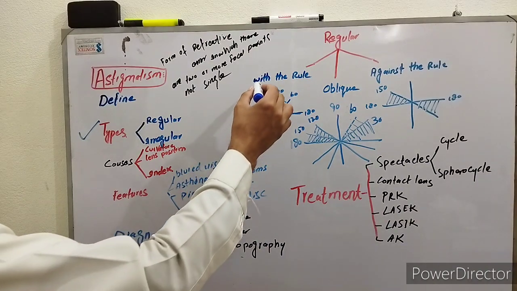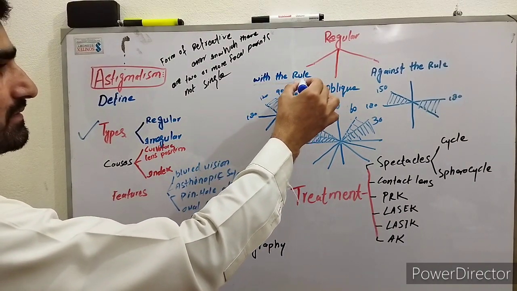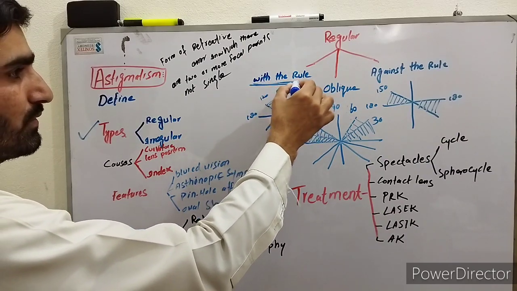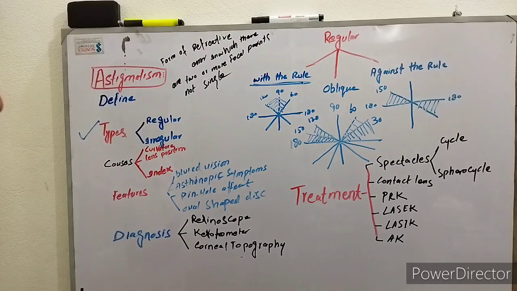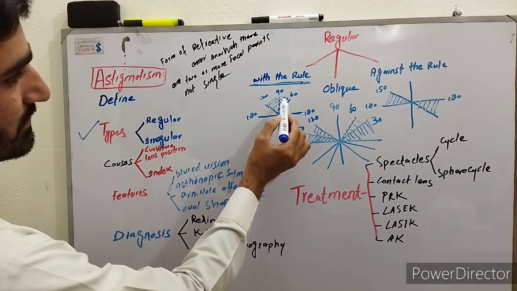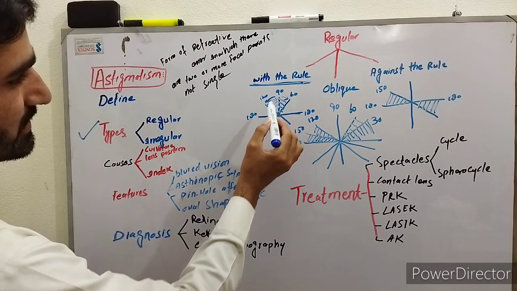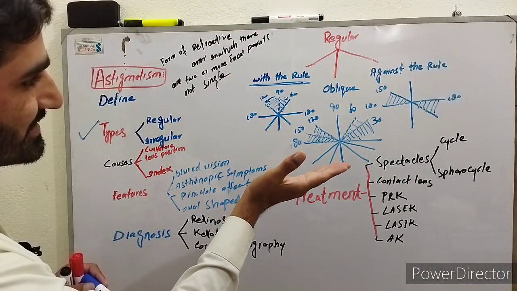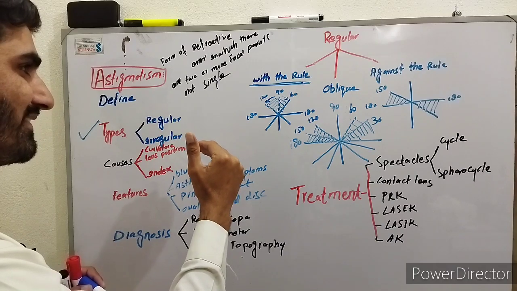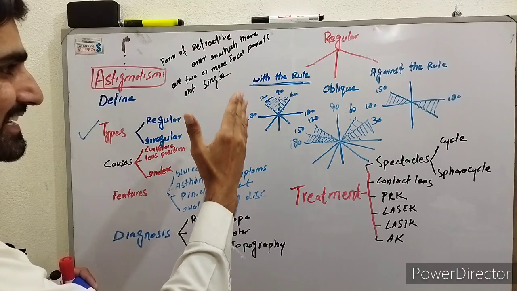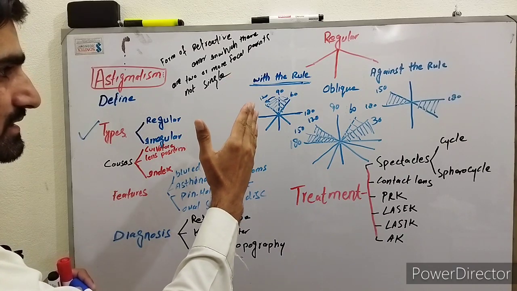First of all, with the rule astigmatism: if the curvature in the vertical meridian is more, this is with the rule astigmatism. We can say if this curves 30 degrees towards the right side or 30 degrees towards the left side from its normal position of 90 degrees, then this is with the rule astigmatism.